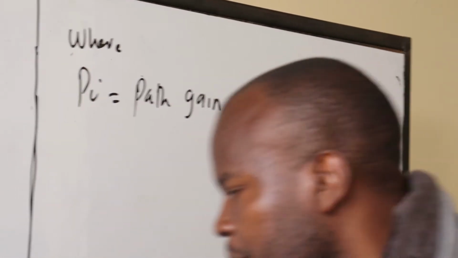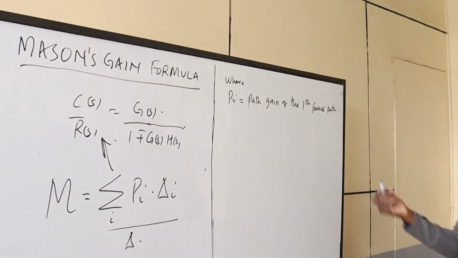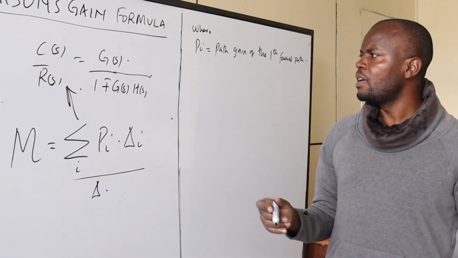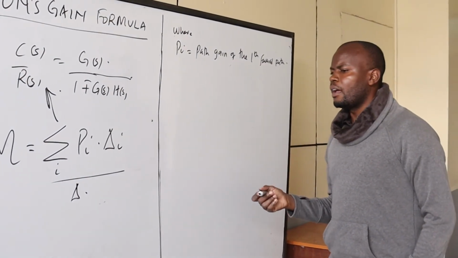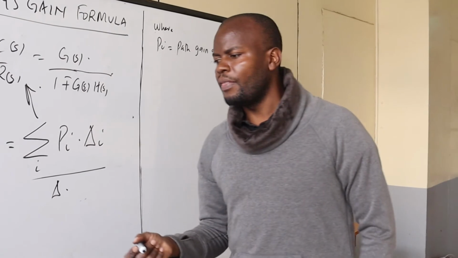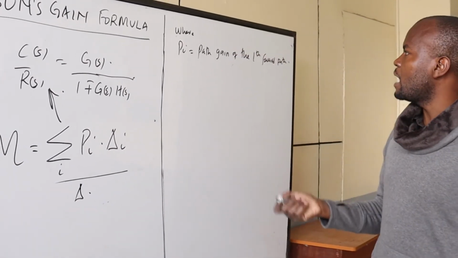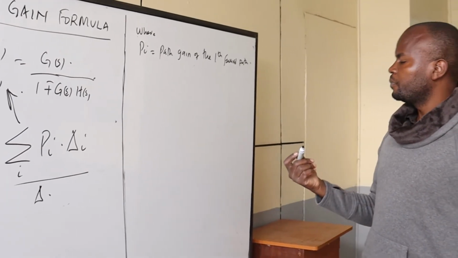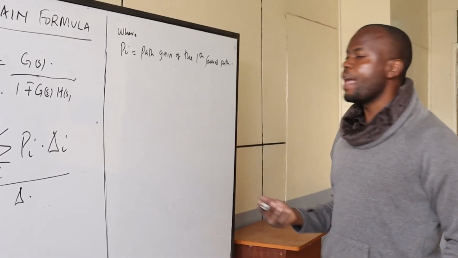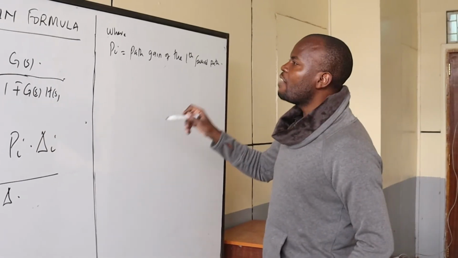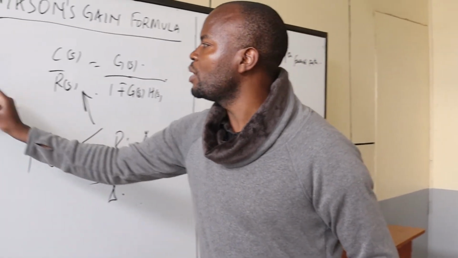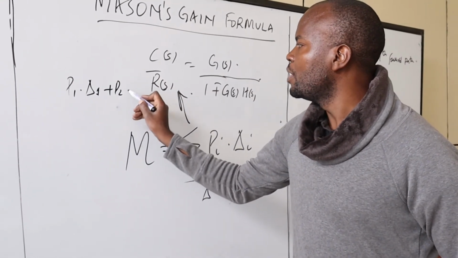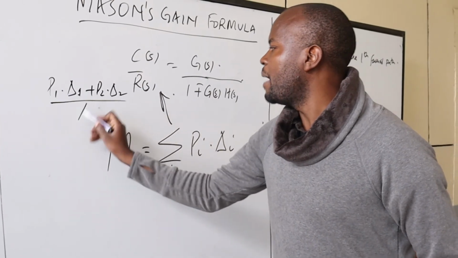And what you can see is that they are being summed. When you talk of the Pi, we are going to have several paths. Like in our earlier discussion, when we were defining the terms used in signal flow graphs, in that particular signal flow graph we had two paths. In that case, we have path 1, which means we are going to have P1 times its determinant 1, plus P2 times its second determinant, divided by the overall determinant.